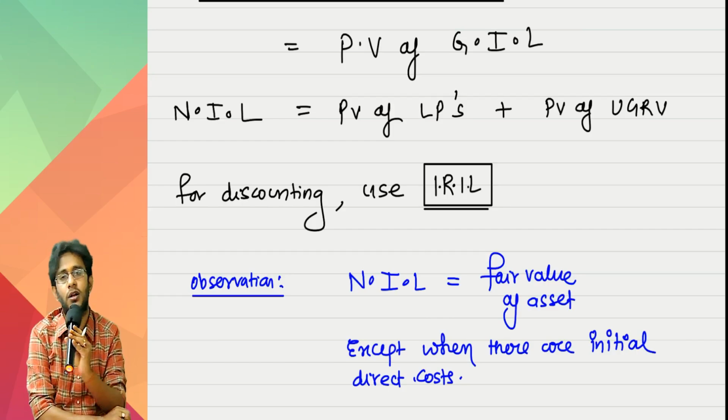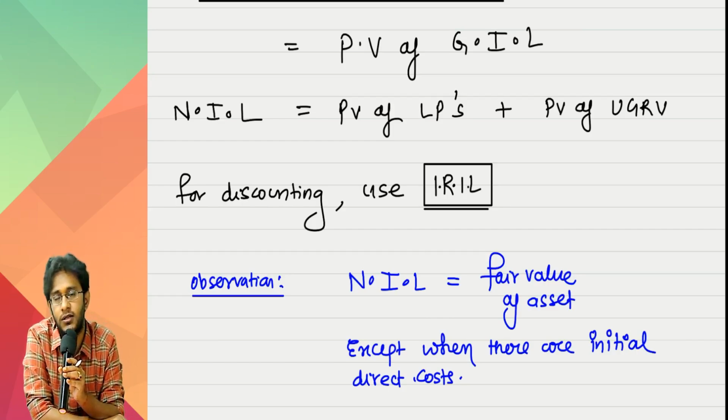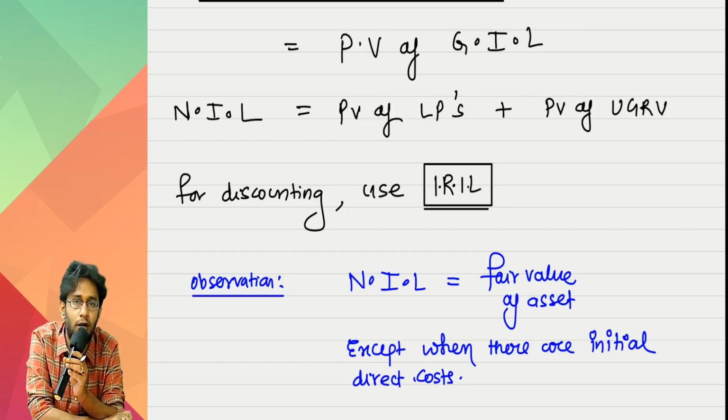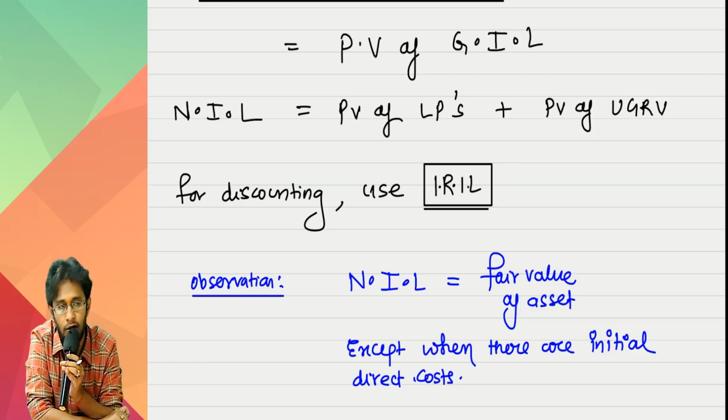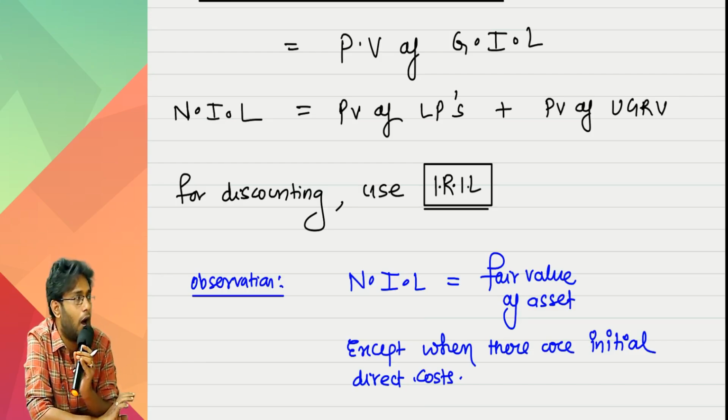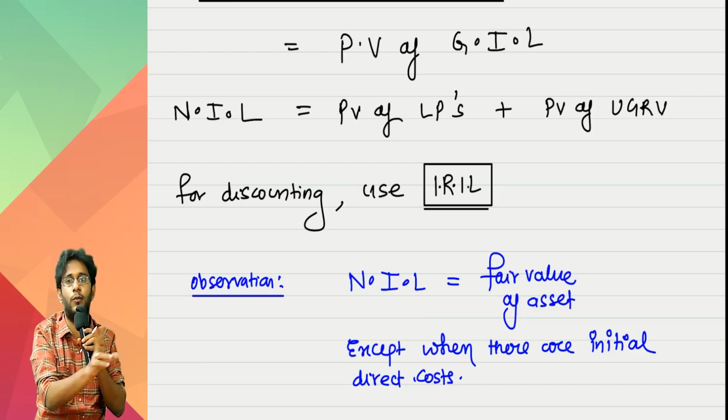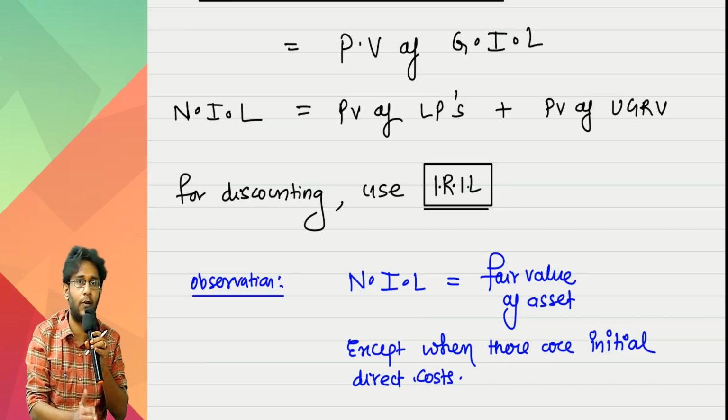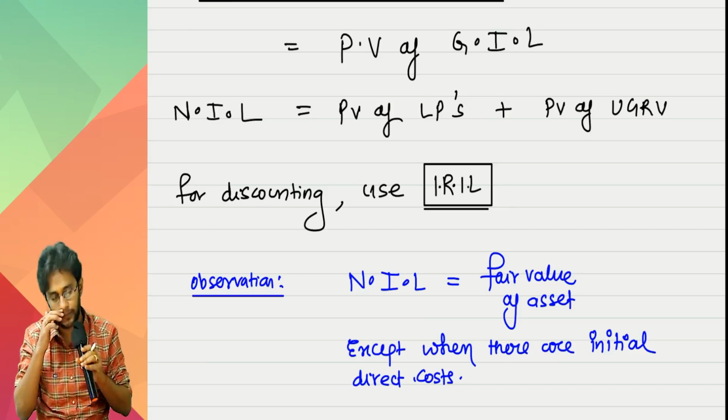If there are initial direct costs, you go and add them to the net investment in lease. Because of that, net investment in lease will be slightly higher than your fair value of the asset. In the rest of the cases they both will be same, sir. NIL and fair value of the asset both are same.